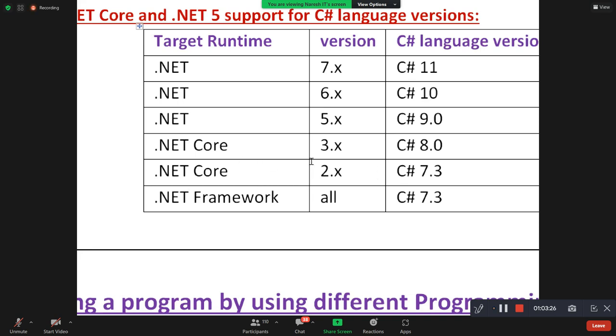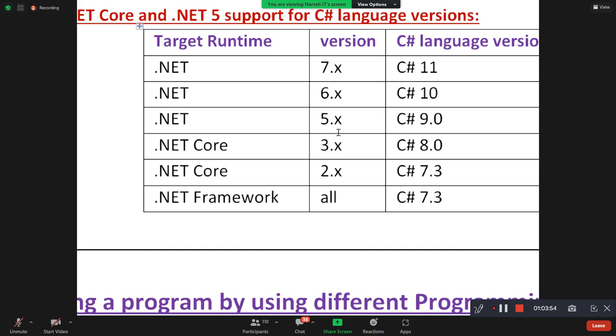In .NET 5, C# 9. .NET 6, C# 10. .NET 7, C# 11. Tomorrow if .NET 8 comes, C# 12 can come. Not guaranteed; it may come, it may not. Ideally the versions should be the same, but they may or may not launch it. These are the different versions we have.